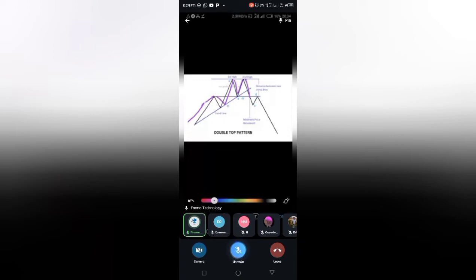The line on which the low is also sitting, we term it the neckline or the resistance line. So in this image, you could see this line. This line is the neckline.